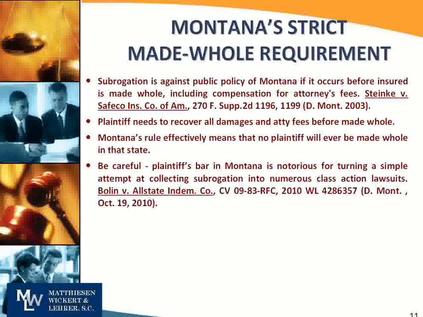So I want you to be very, very careful. What Montana actually requires that you do before attempting to subrogate is conduct a, quote, made whole investigation. Before you send out that letter saying that they are required to repay your subrogation claim, or asserting that you've got a lien on their settlement or case, you've got to call the plaintiff's attorney and get information that would allow you to determine whether your insured has been made whole.